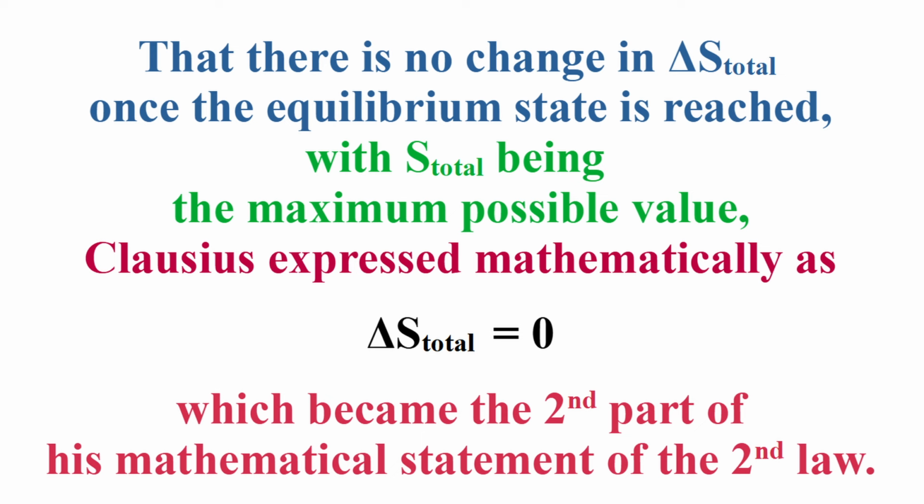As Clausius noticed the same pattern in all relevant experimental data, this became the second part of his mathematical statement of the second law. That is, delta S total equals 0.